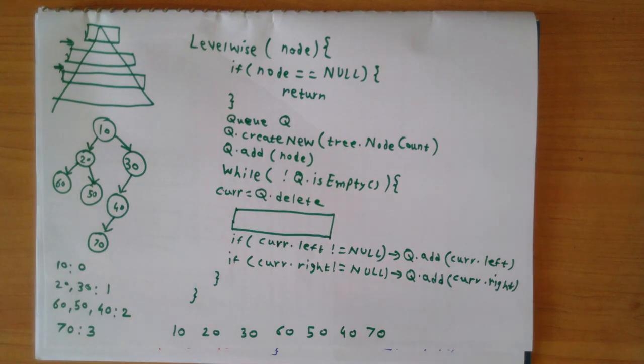So let's ask a question about the time complexity of this method. Each node of this tree is going to be queued only once as a child of the parent, and then we are going to delete it from the queue only once.